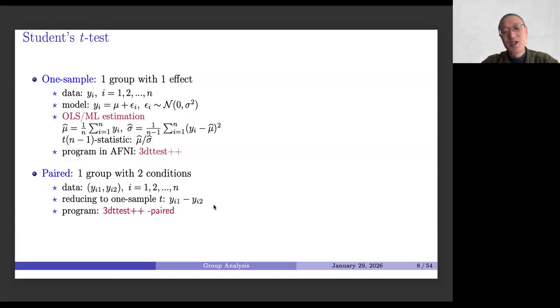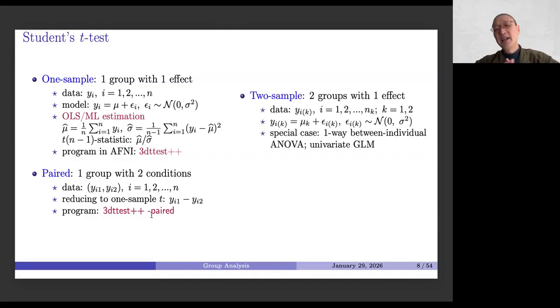Since we are interested in the contrast between the two, even though as a user you provide the two beta values, internally the program takes the contrast of the two and plugs it into the same model as the one sample t-test. So with the program you just add the option -paired.